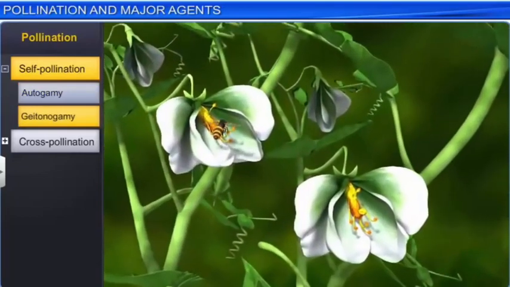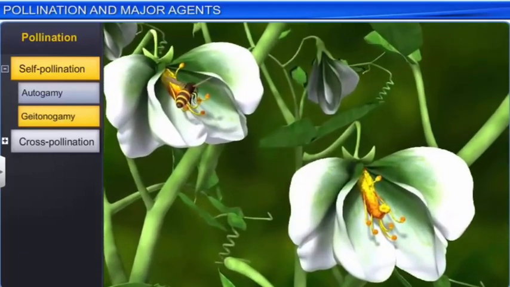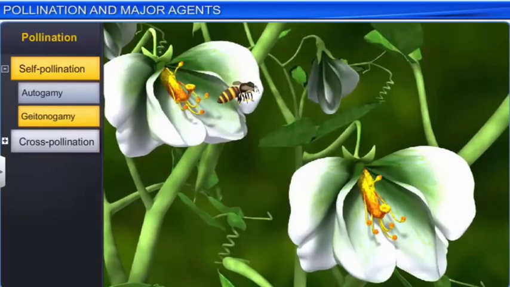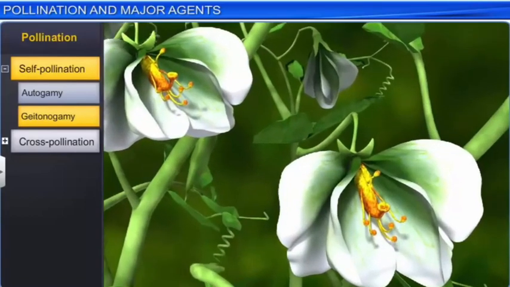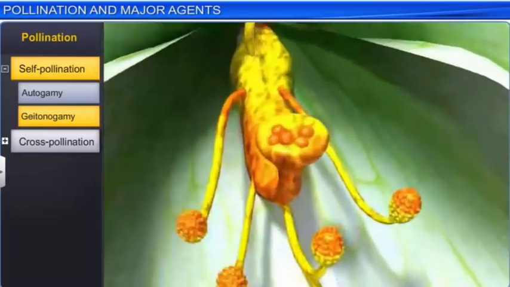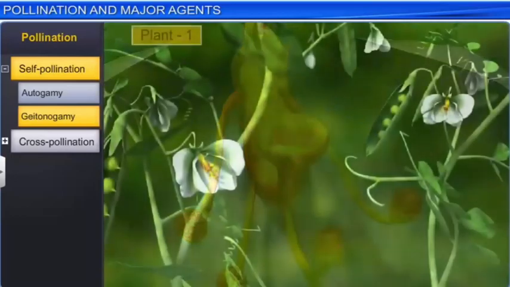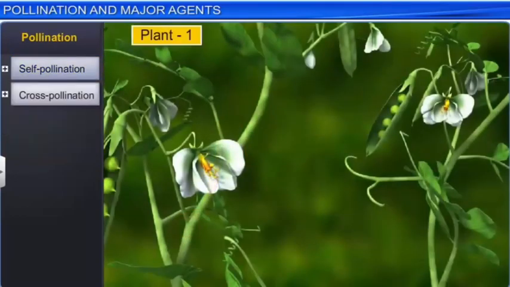In geitonogamy, the second type of self-pollination, pollen is transferred from the anther of one flower to the stigma of another flower of the same plant. Apart from self-pollination, cross-pollination is also commonly seen in plants.